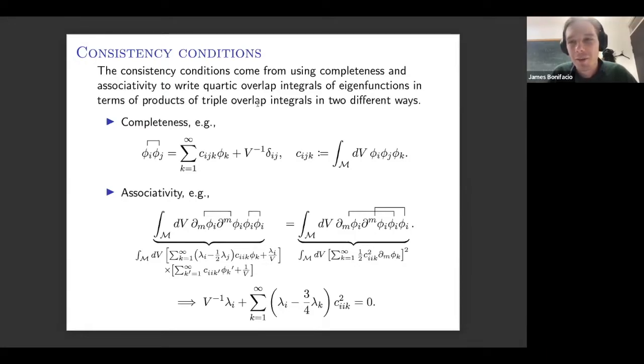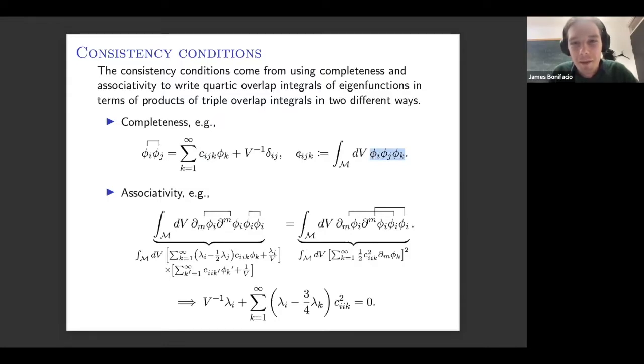So let me give you an example of what I mean by this. By completeness, I just mean the fact that, for example, I can expand the product of two eigenfunctions in terms of eigenfunctions, because this product is smooth and in particular L2. So I can decompose it in some L2 expansion in terms of eigenfunctions with some coefficients, C_ijk, which I've defined as the integral of the product of three eigenfunctions i, j, k.